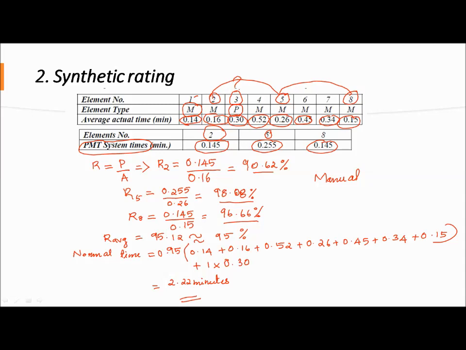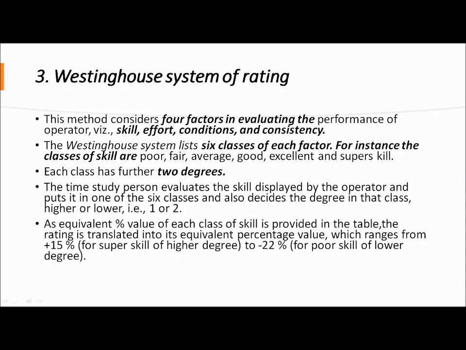Now we will go to the next rating system, that is called the Westinghouse system of rating. Westinghouse system of rating usually has 4 factors. So what are the 4 factors? It is the skills involved, it is the effort, it is the conditions and consistency.